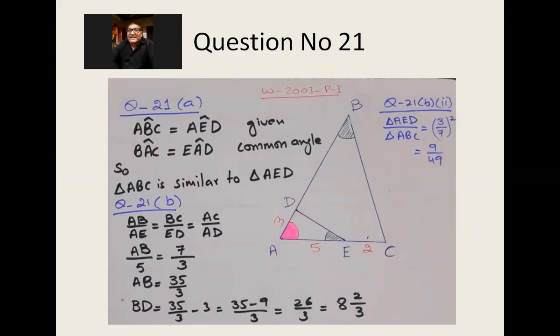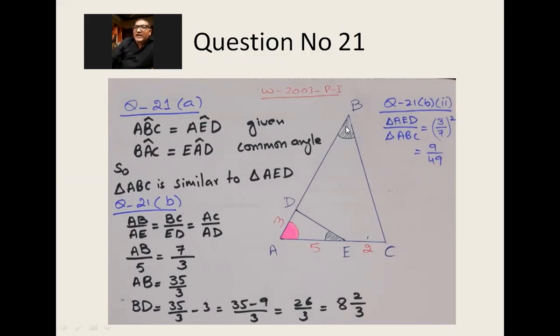So I can write the sides. Learn how I write the sides in the form of ratios, because these two triangles are similar to each other. So their sides have a constant ratio. You see in the big triangle, pink and green, that's AB. And in the small triangle, pink and green is AE. So here I have written AB by AE.